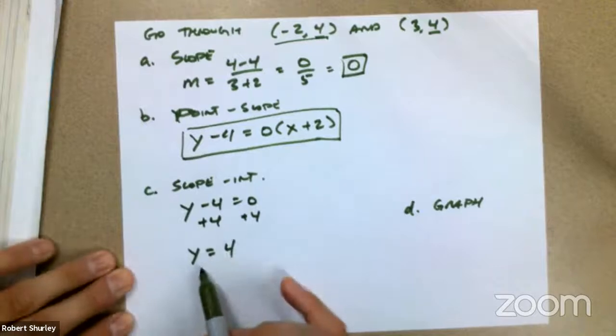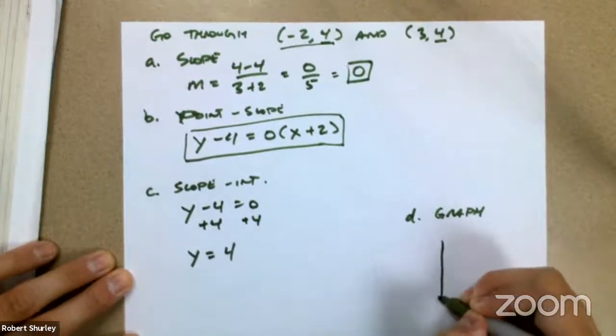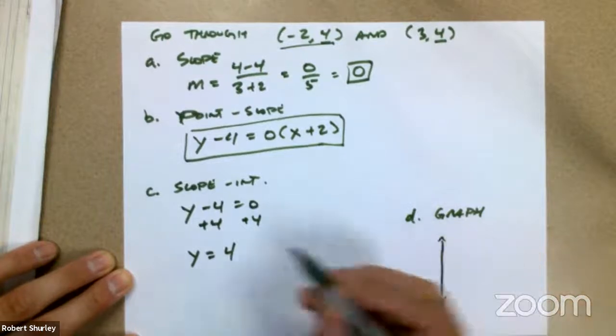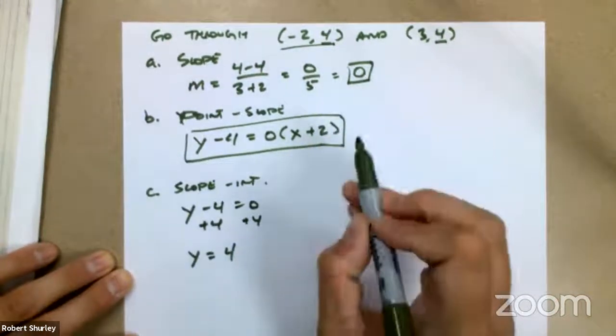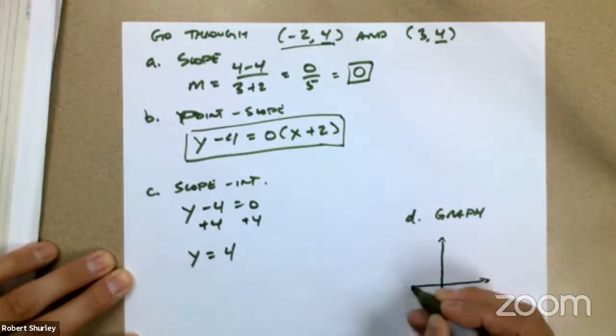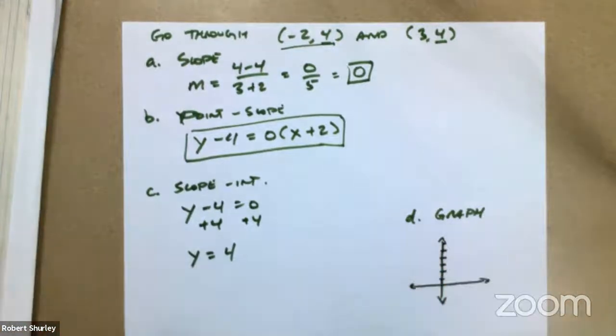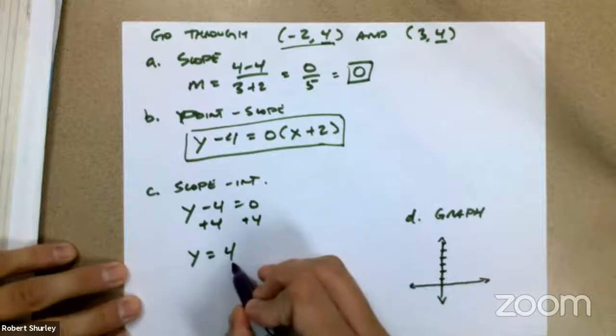Now, if you just wind up with a y value, what this means on the graph is that there's no rise or run, right? That tells us there's no rise and there's no run. You're a flat line. Let's use a different color. So again, this is my y-intercept.